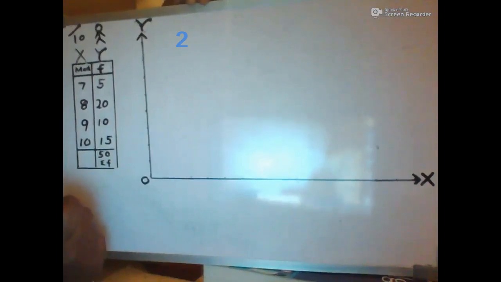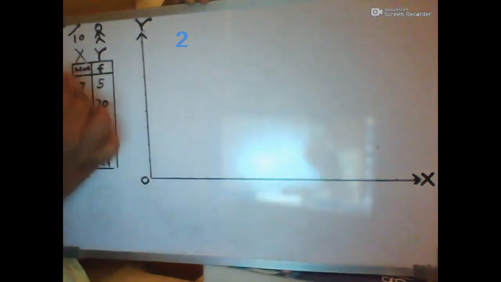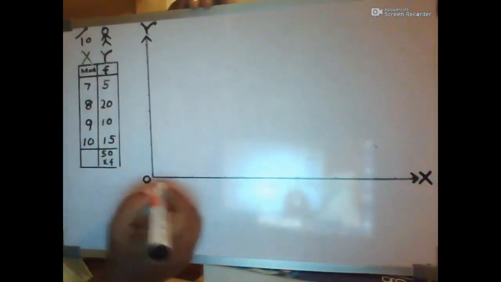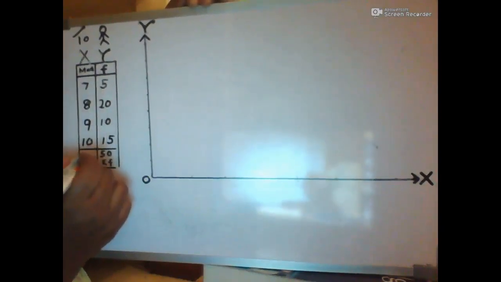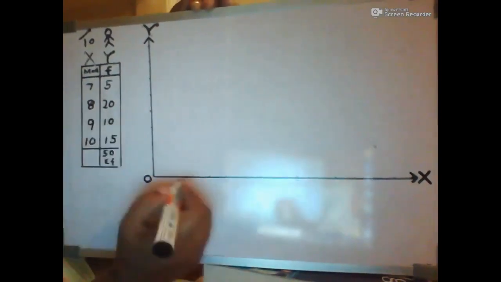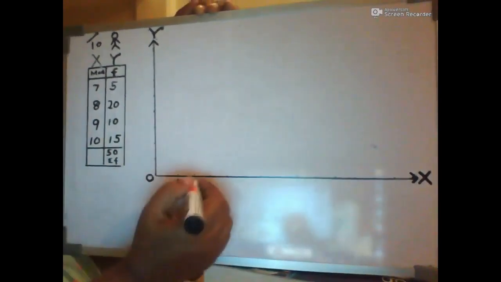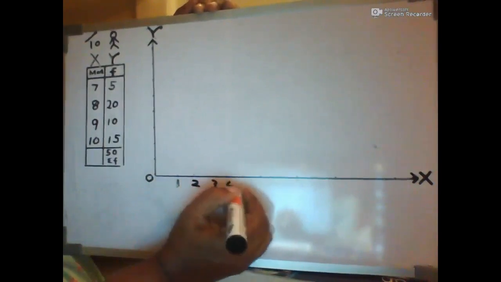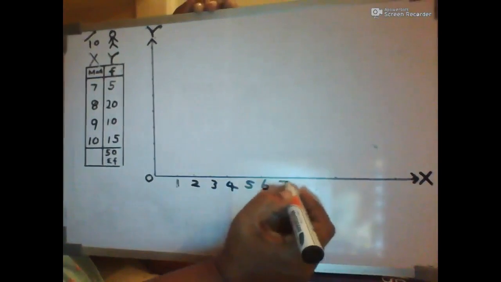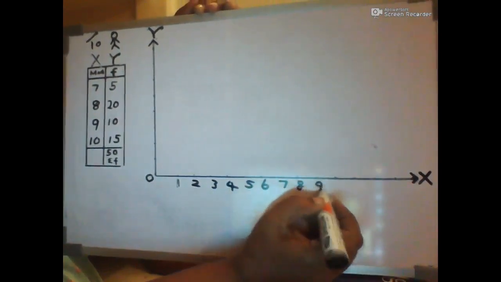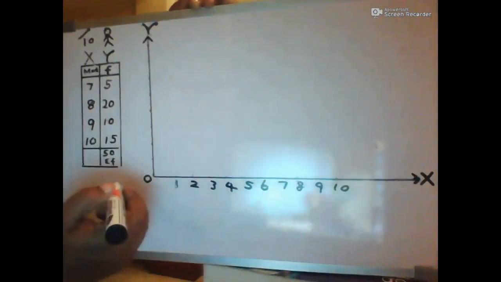We'll say the test marks are given out of 10, we'll just assume, and here we can take 1, 2, 3, 4, 5, 6, 7, 8, 9, 10, like that. This is a simple example.